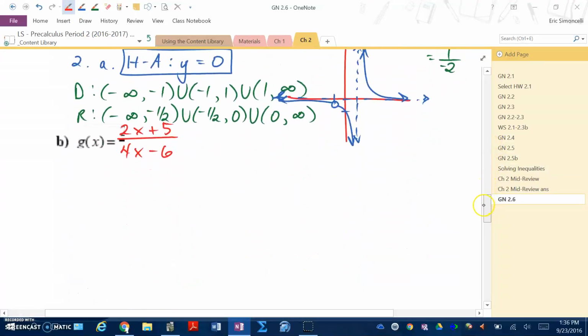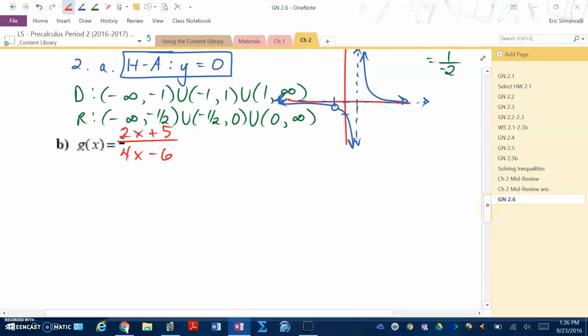So part B is identify all those characteristics again, but for (2x plus 5) over (4x minus 6). We'll do this one similar to the last problem, starting off looking at number 1, and then number 2. I do typically like to look at the denominator right away and highlight what we know we cannot have.